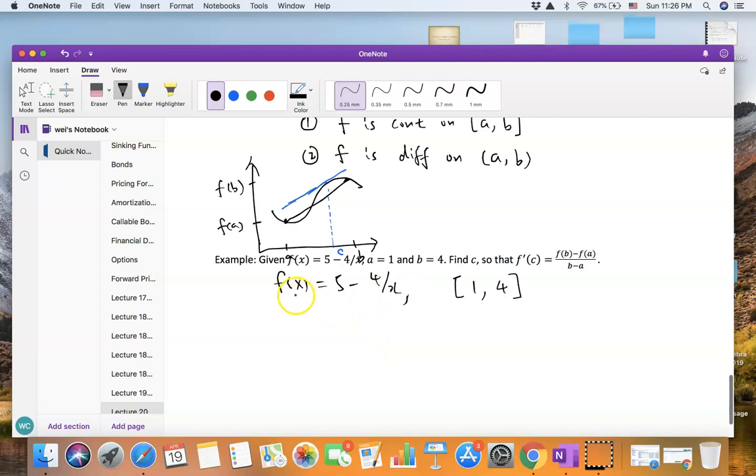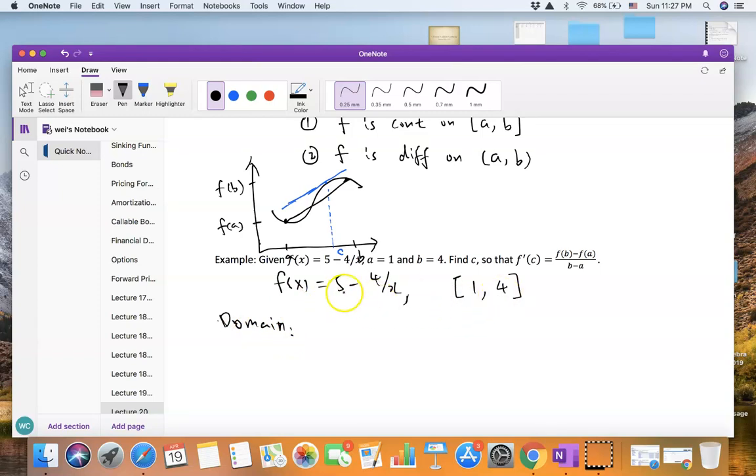Remember we said when a function is continuous, that means the function is defined everywhere on that interval. So when we talk about if a function is defined or not defined, we are talking about the domain of the function.